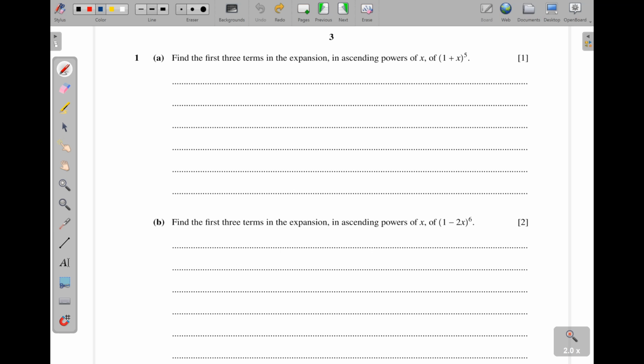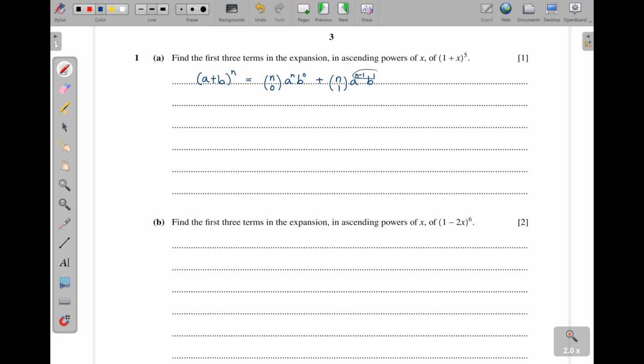Now, the binomial expansion states that if I have (a + b) to the power of n, this is going to be n combination 0, then we have a power n, then b power 0. So a keeps on reducing in the power, and then b picks the power. So n combination 1, now a here will be n minus 1, then b to the power of 1.